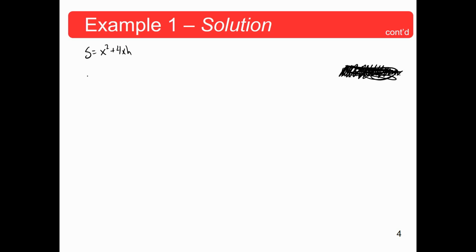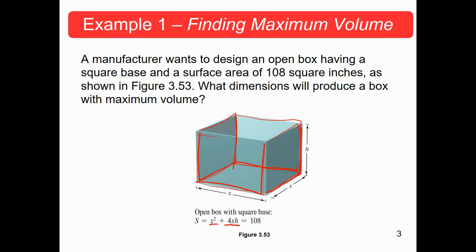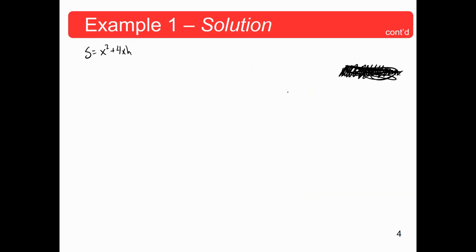So what's the volume of a rectangular solid? It's the base, which is the width and the length, times the height. So our volume is x squared h.